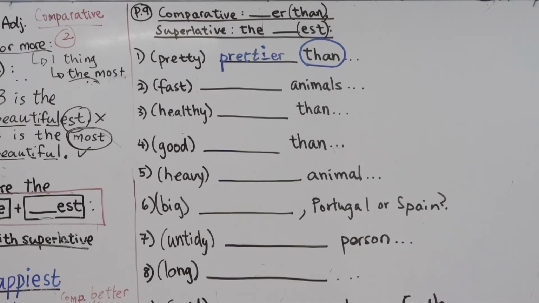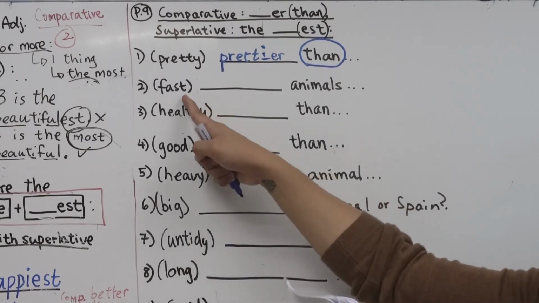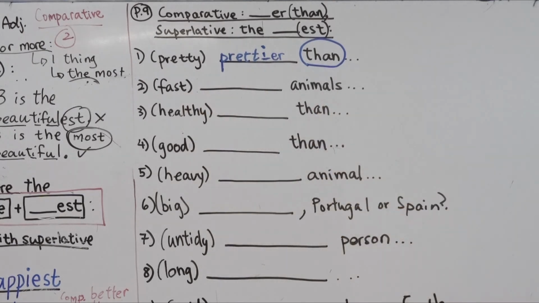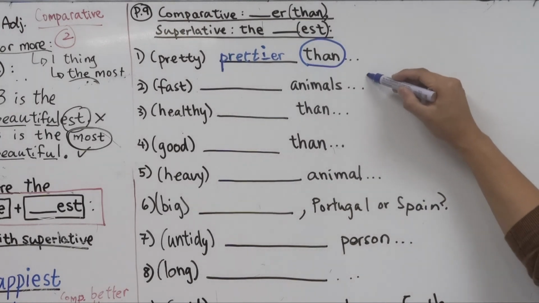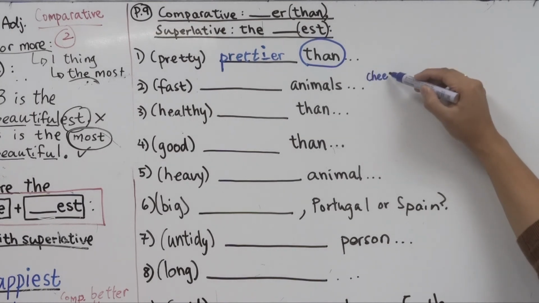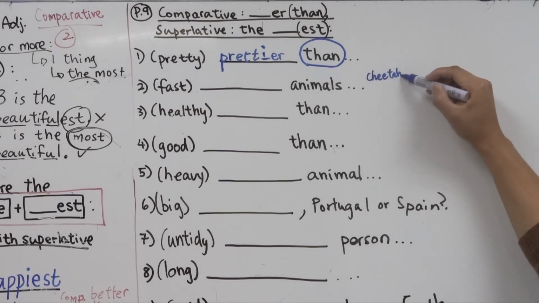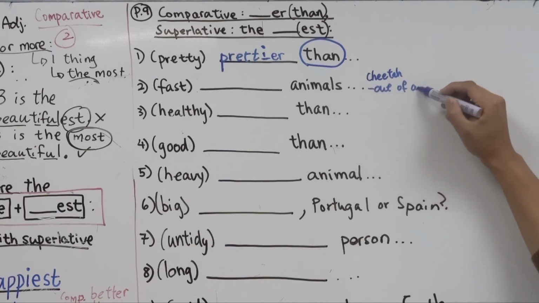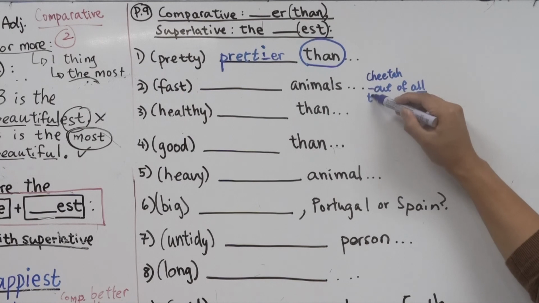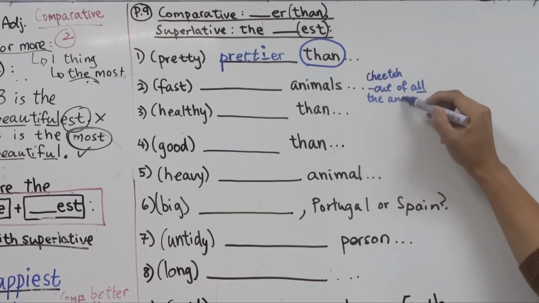Number 2, cheetahs are fast animals we can find. How many are we talking about there? Just one type of animal, right? So for this one, I will write down notes here. So cheetah, out of all the animals.